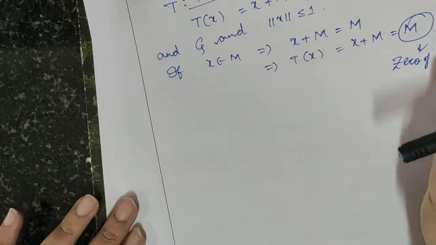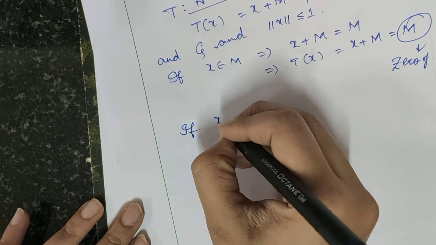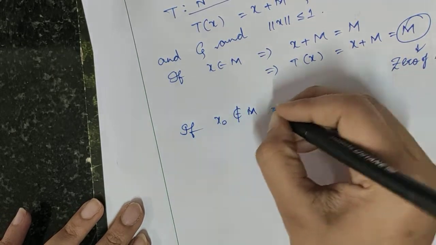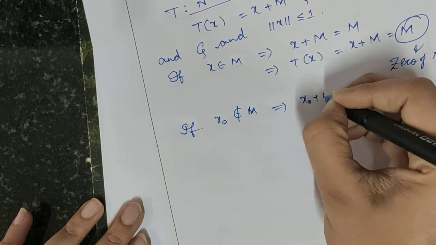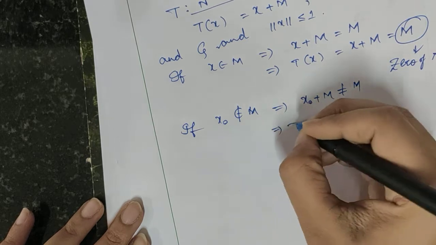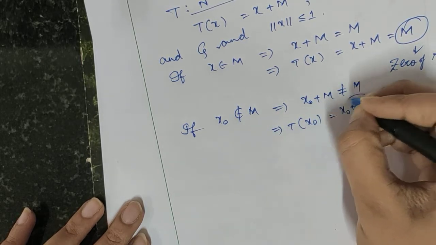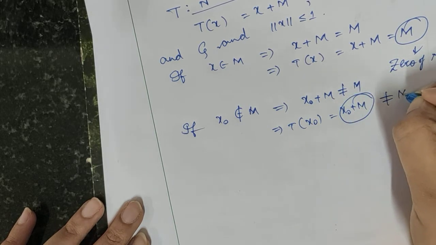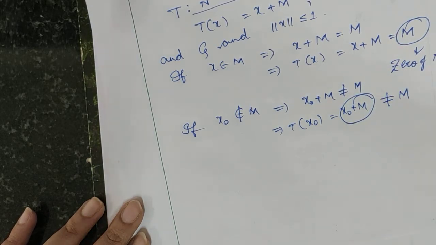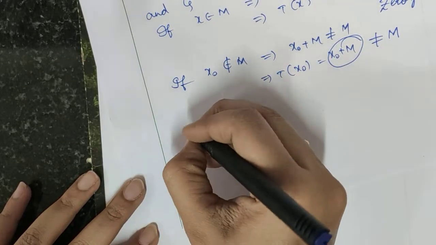Now what if x naught does not belong to M? If x naught does not belong to M, then x naught plus M will not be equal to M. So T of x naught is equal to x naught plus M, and this x naught plus M is not the zero element.